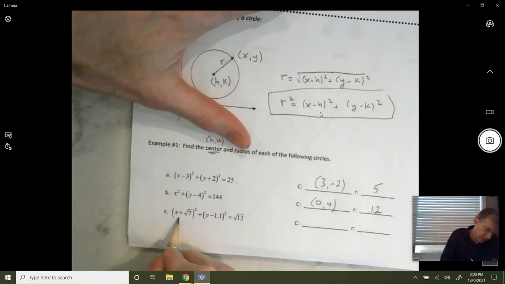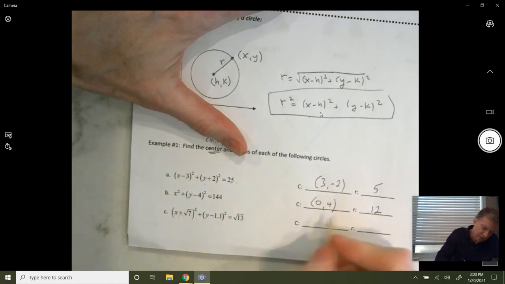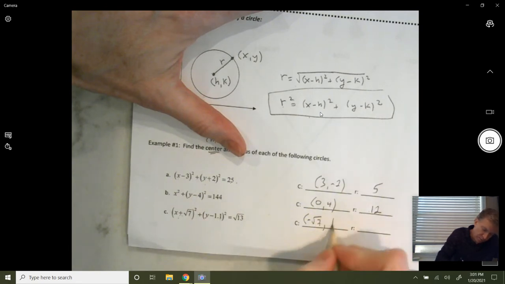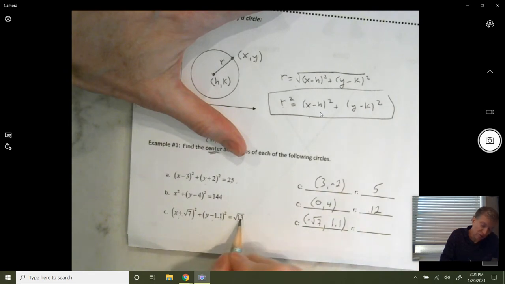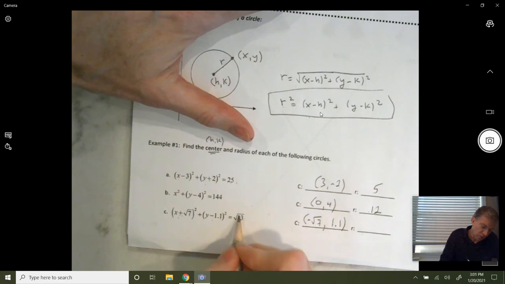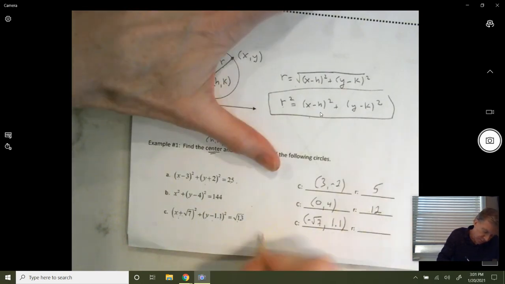And here your center is negative, because it's always x minus h. So that's like x minus a negative. We're at 7. Your y value is positive 1. And this is your radius squared. So this is kind of a weird one. So your radius is going to be the square root of the square root of 13.